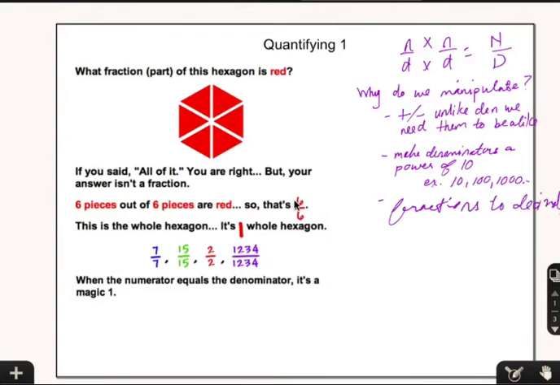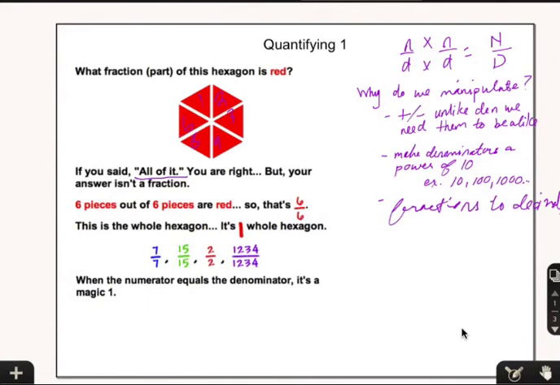So let's look at the example that I have in here for us. What fraction part of this hexagon is red? Well, I have 1, 2, 3, 4, 6 red pieces. So what we're saying is all of the hexagon is red. But my answer is not a fraction.